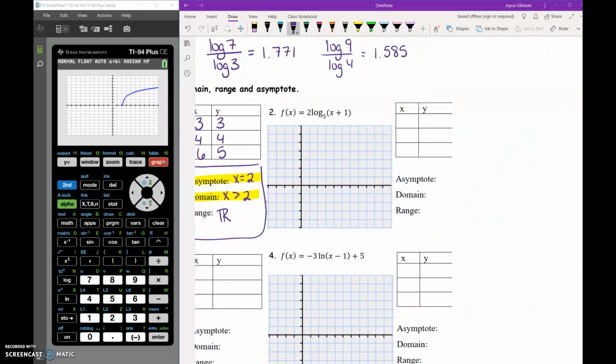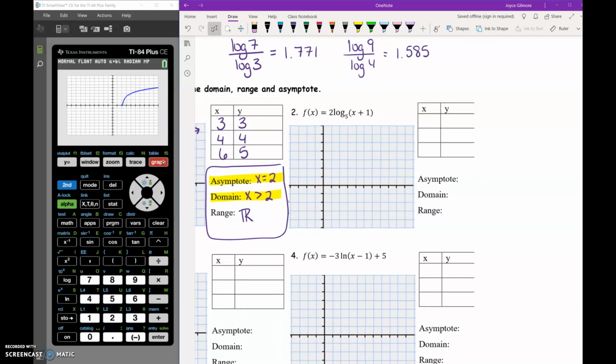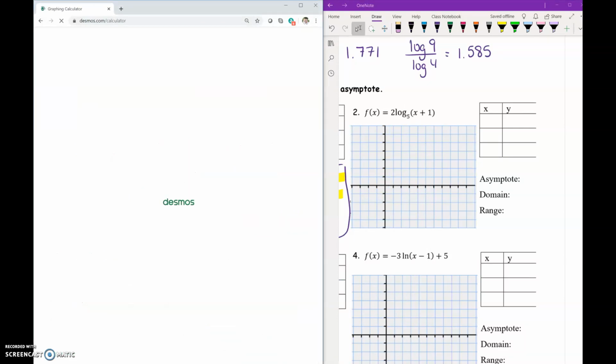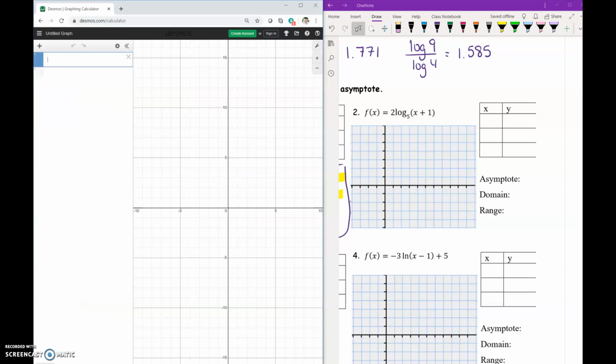Okay, let's do that same thing with number 2. So in a browser, you go to www.desmos.com. You click Start Graphing, and it will pull up this graph. It says f of x on here. Remember, f of x is just a fancy way of saying y. You could actually type in f of x equals if you wanted to, but it's just easier to do y equals.